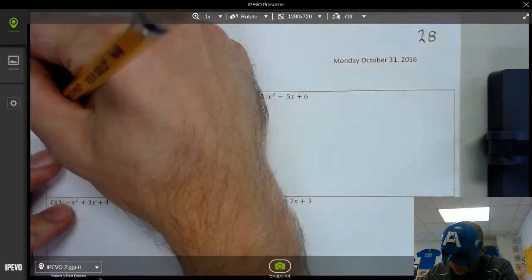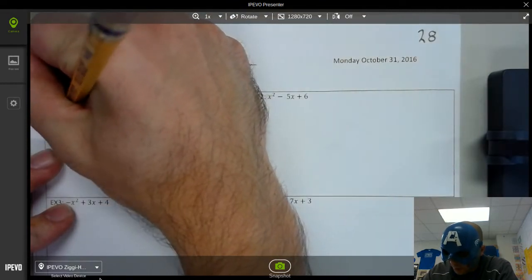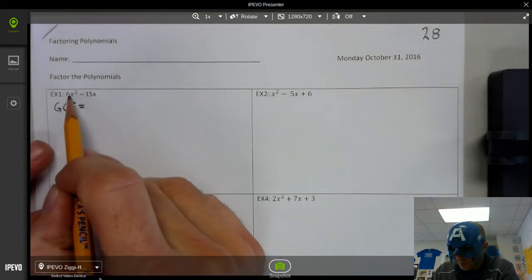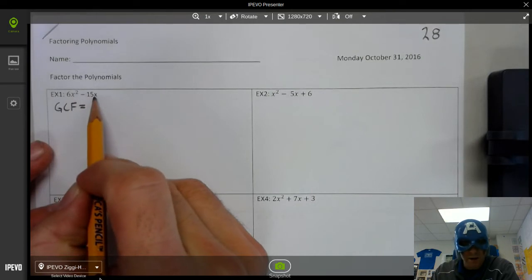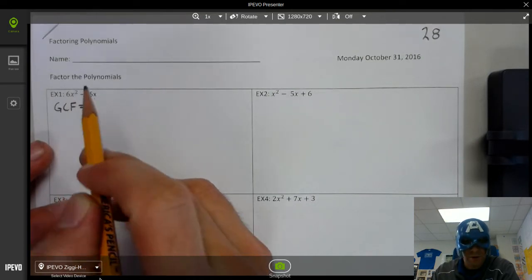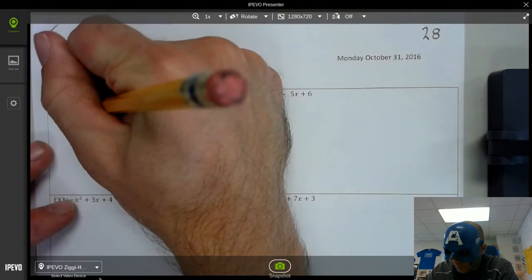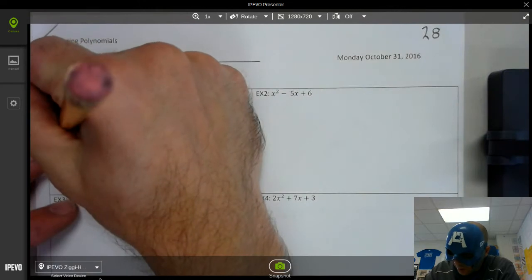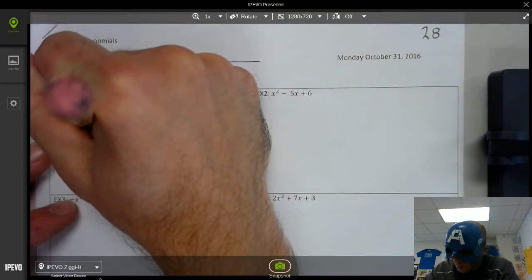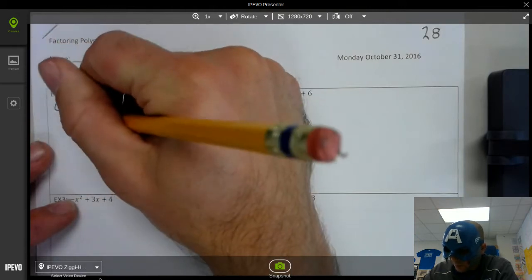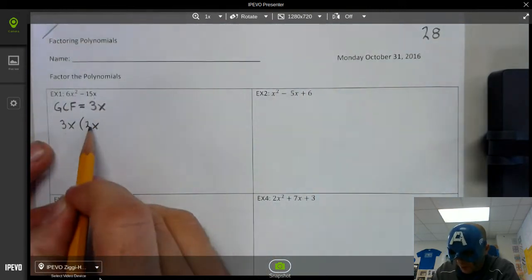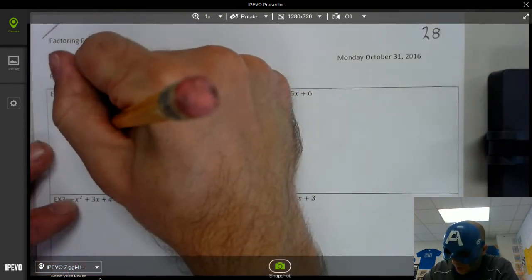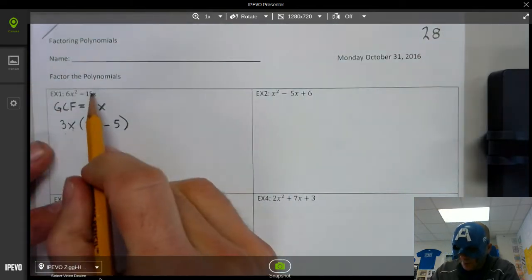First things first, we find the greatest common factor. Is there a term that factors from 6x squared and negative 15x? It is 3x, because 3x times 2x is 6x squared, and 3x times negative 5 gives you negative 15x.